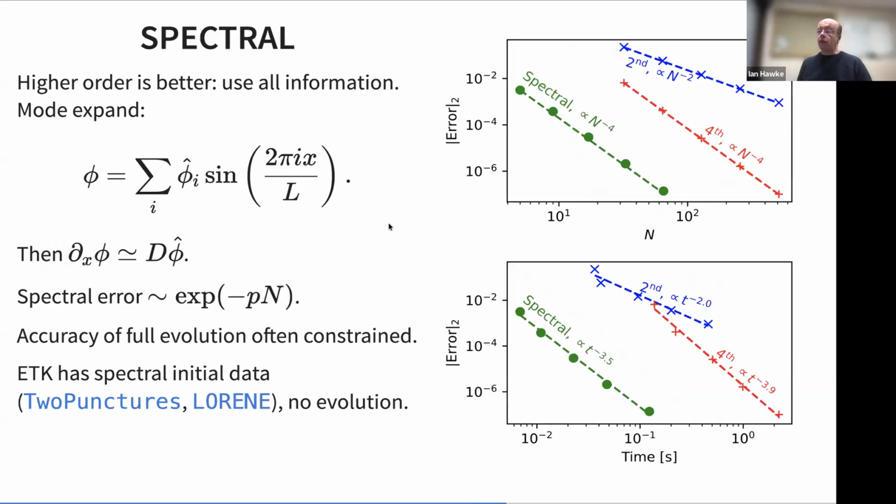Now, that's purely the accuracy of the semi-discretization, so purely representing the derivative. We're going to be limited when we go to time evolution in two ways. One is the accuracy of the time evolver. Here, because I was only using fourth order in time, we see this hard limit on the spectral scheme. And the second problem is that the effective time step restriction is not independent of the number of modes.